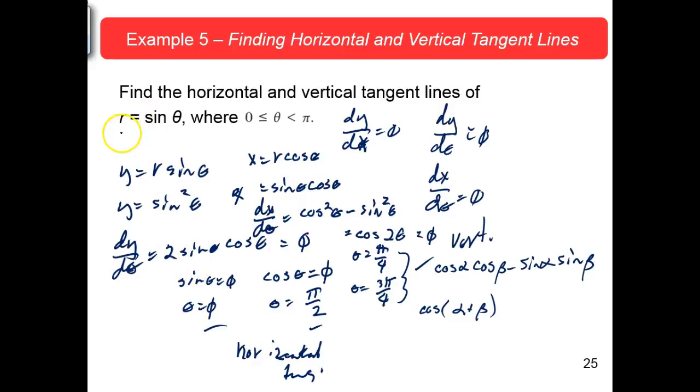Well, r would then be 0 there, so our point would be 0, 0, okay?